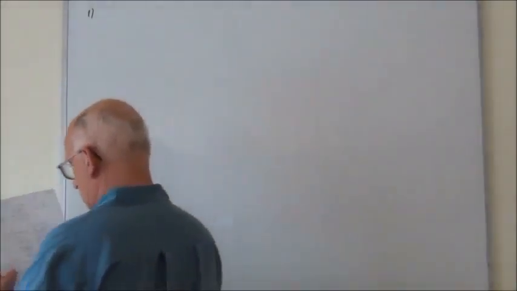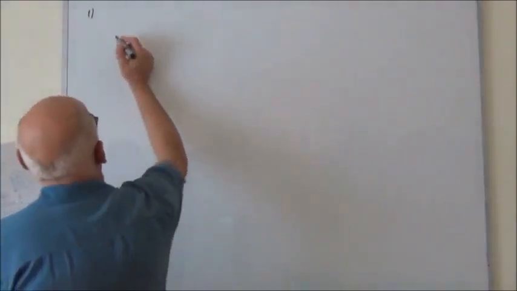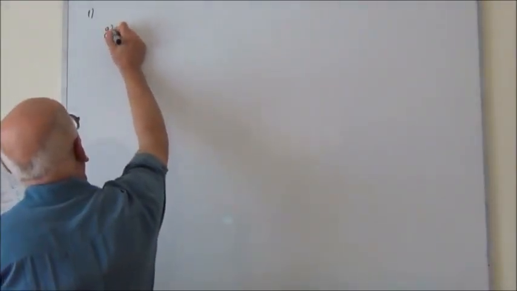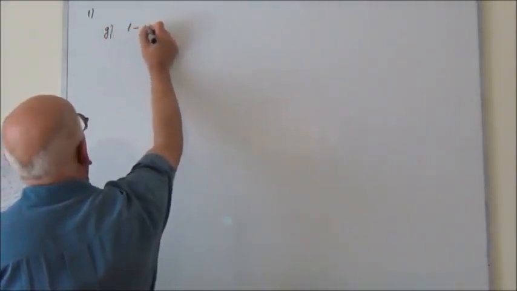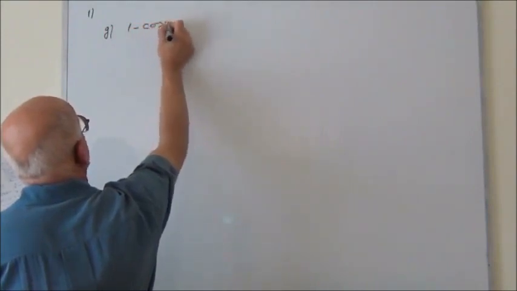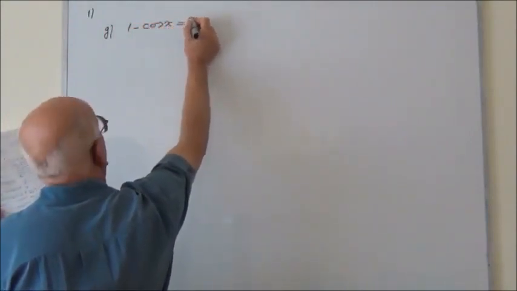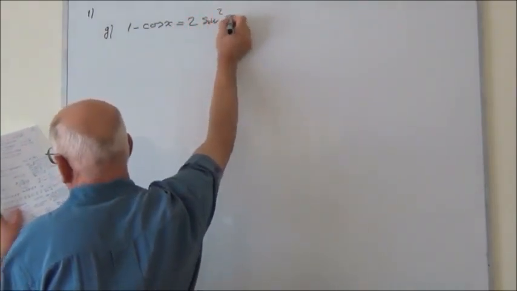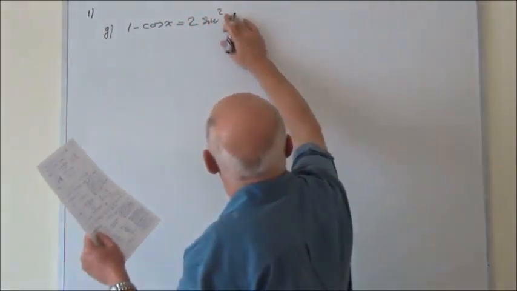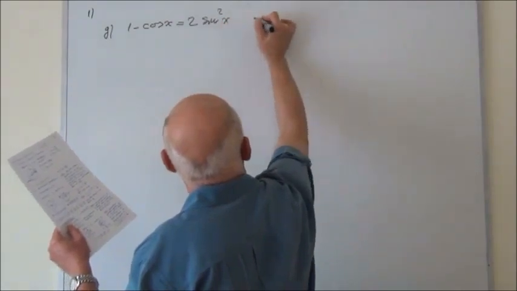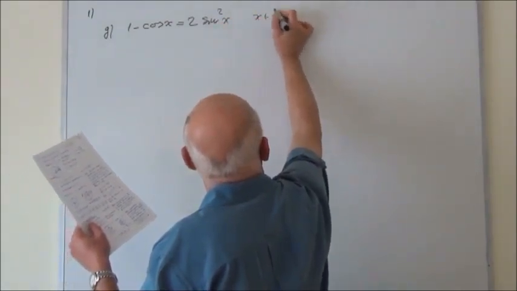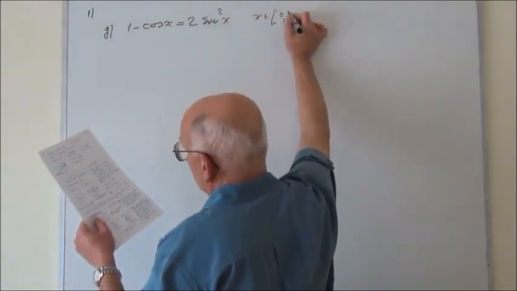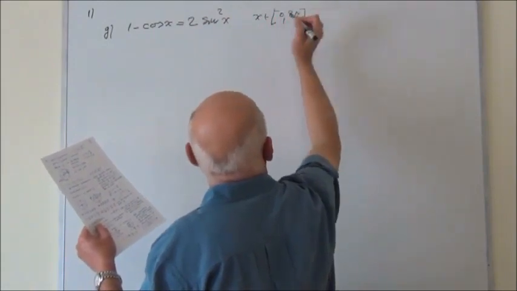Question G, we have 1 minus cos x equal to sine squared x, and domain 0 to 2 pi.